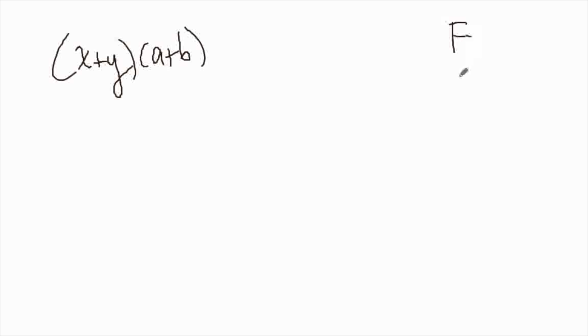And so whenever you hear people say, oh, just do FOIL, okay, here's what they're getting at. Each letter in FOIL stands for a certain pair. F stands for firsts, the L stands for lasts, the O stands for outers, and the I stands for inners.